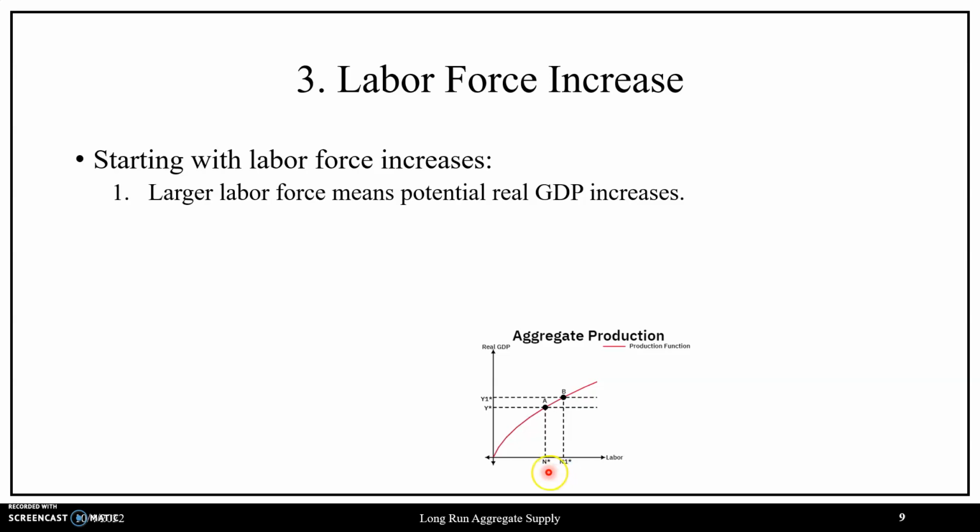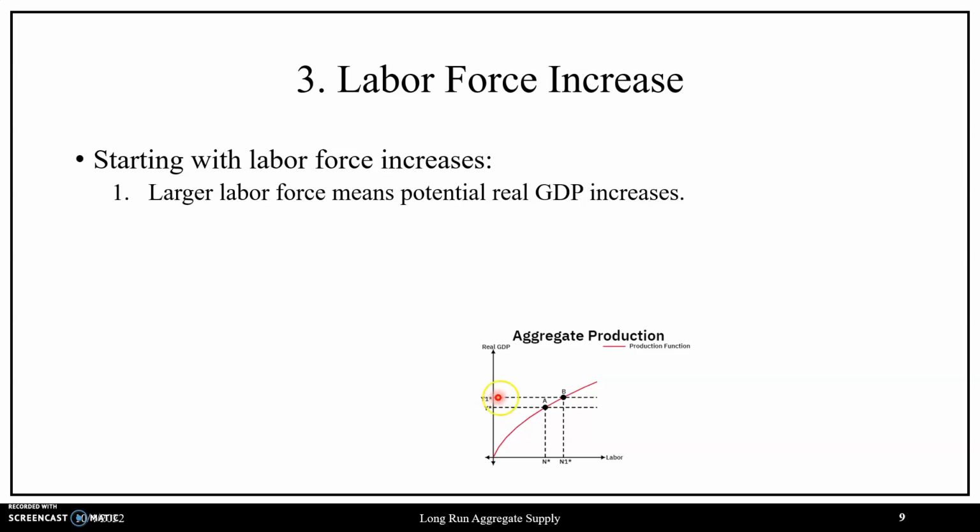And how we'd represent this is rightward movement along labor from N star to N1 star to indicate this increase in the labor force of the economy. We're moving up on a production function. We would be at point B, where we see that full utilization of other production resources along with the increased labor force would mean that real GDP produced could be Y1 star, where Y1 star is our new potential real GDP for this economy.